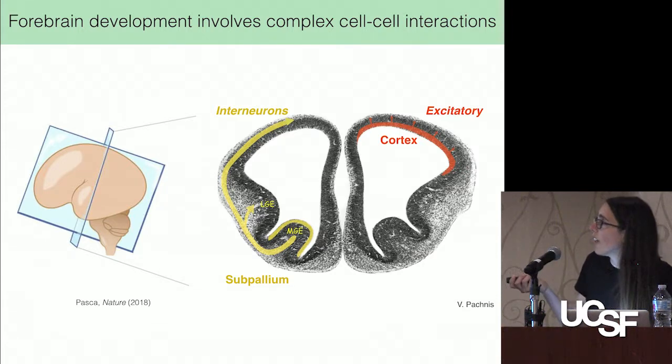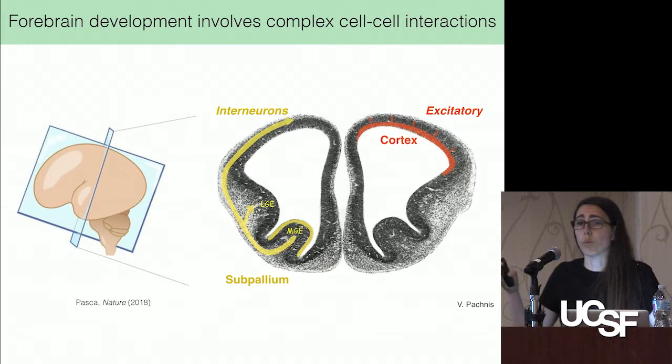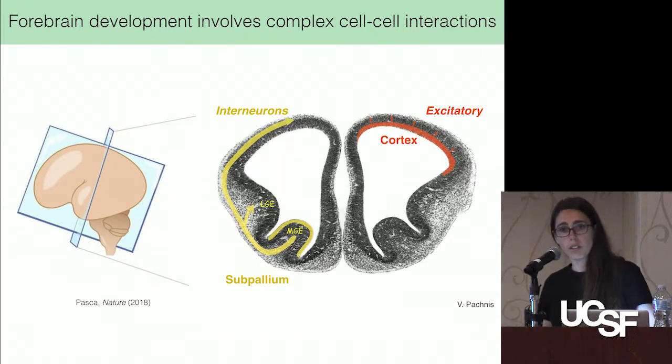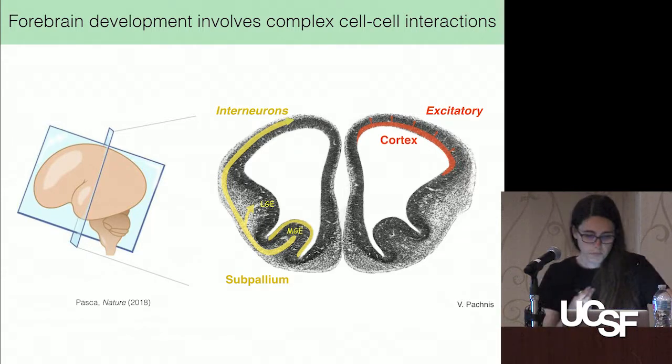And what you see is that while excitatory neurons, here in red, are born in the cortex itself, interneurons are actually born in this ventral part of the forebrain, which is called the subpallium. And these interneurons need to migrate very long distances over several weeks during development to reach the cortex. And once they reach the cortex, they need to integrate in order to create these functional networks.